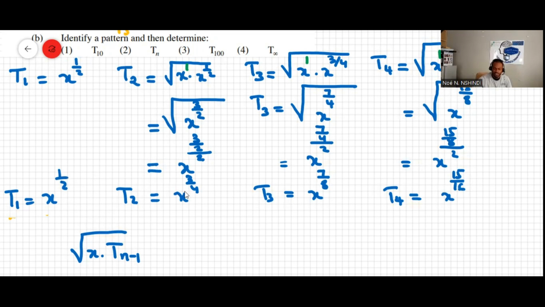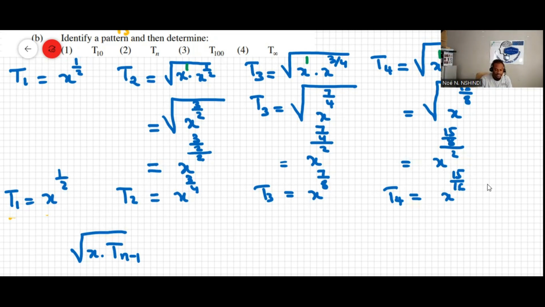For the denominator, it's quite easy to see that they're all powers of 2: 2, then 2 squared is 4, 2 to the power of 3 is 8, 2 to the power of 4 is 16. For the numerator, it's just 1 less than what's at the denominator: 1 over 2, 3 over 4, 7 over 8, 15 over 16.